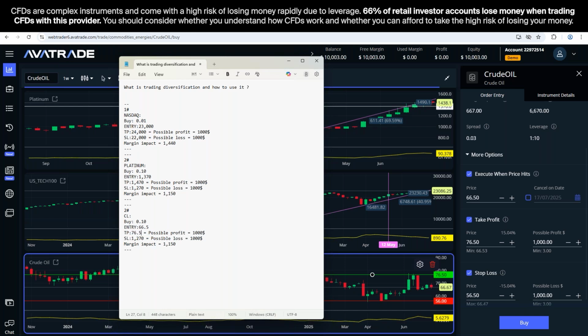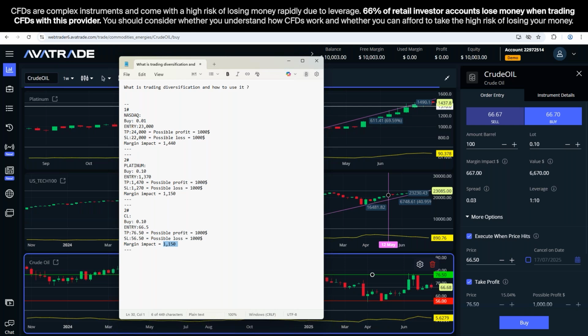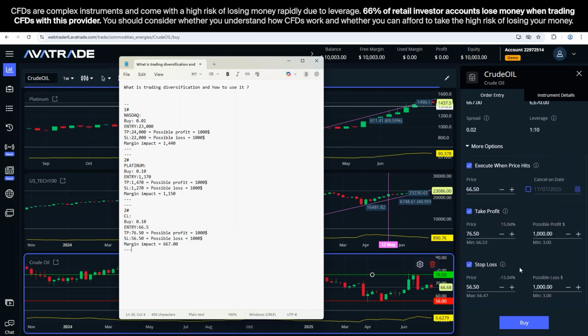I haven't applied any other indicators that I could have, and all kinds of additional actions that I can take along the way until I actually open the position. But at the moment, what we're focused on is the margin impact.